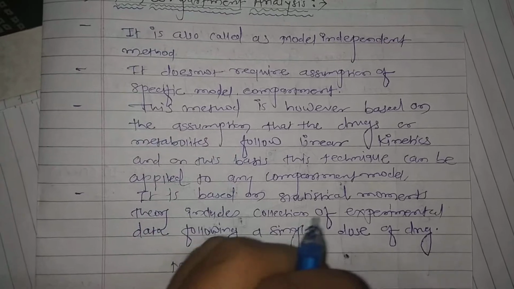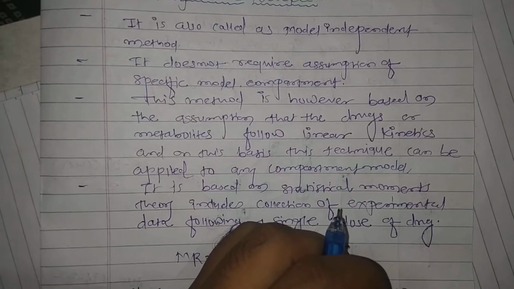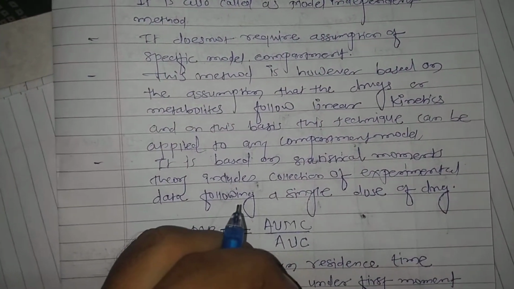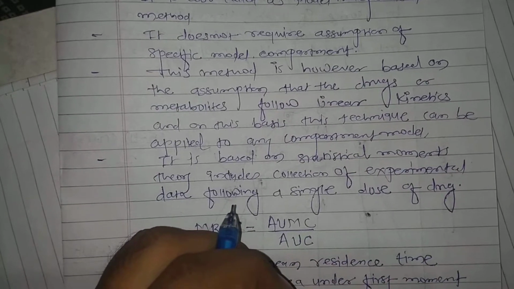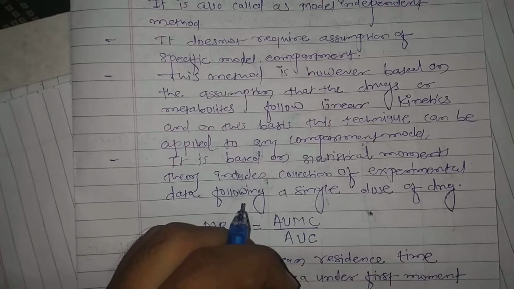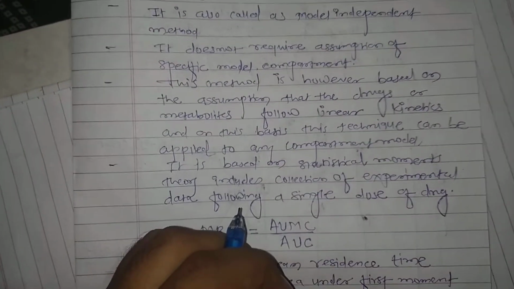It is based upon statistical moments theory, which includes the collection of all the experimental data following a single dose of drug. Means as soon as a patient receives a single dose, whatever experimental data we can get, they are collected.